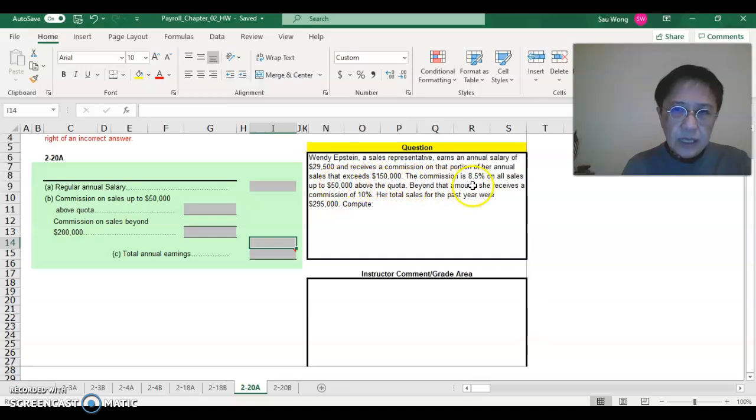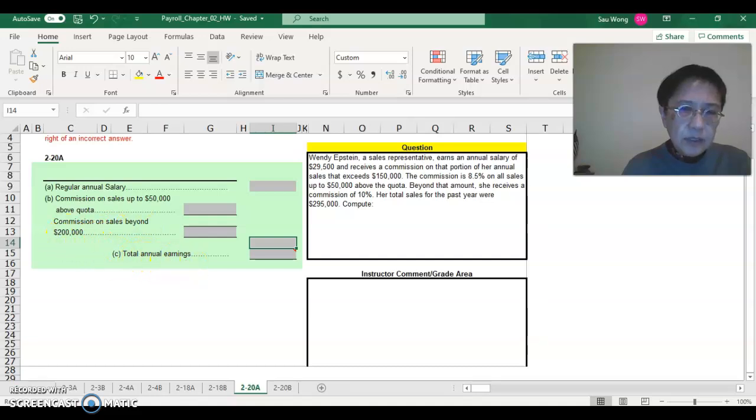The commission is 8.5% on all sales up to $50,000 above the quota. Beyond that amount, she receives a commission of 10%. Her total sales for the past year were $295,000. Compute regular annual salary, commission on sales up to $50,000 above quota, commission on sales beyond $200,000, and total annual earnings.